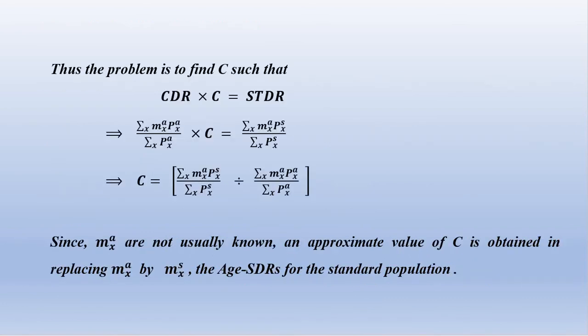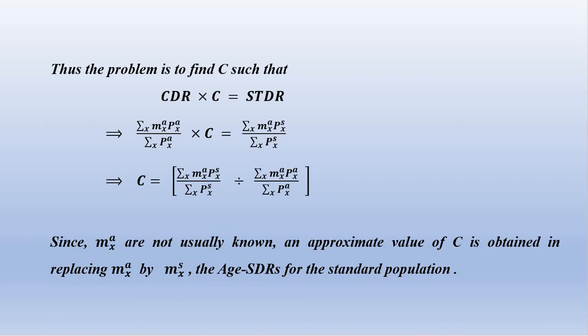So the problem is to find C such that CDR into C must be equal to STDR, that is standardized death rate. So CDR for A, which is summation over x mxa pxa divided by summation over x pxa, into C, is equal to summation over x mxa pxs divided by summation over x pxs.